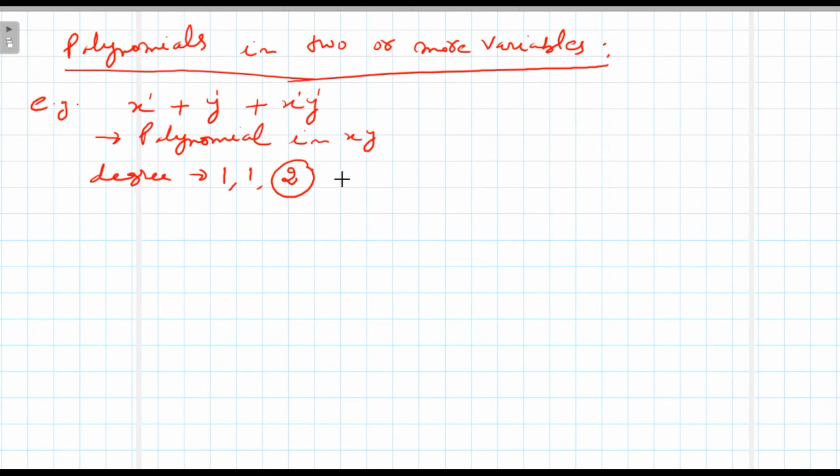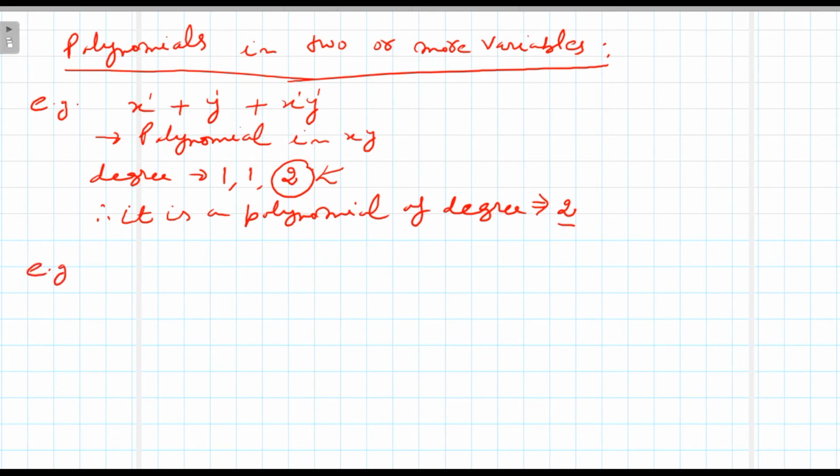So it is a polynomial of degree, highest power is its degree, so degree 2, right? If I write another example, a square b plus ab square plus 3ab plus 5, it is also a polynomial in a and b.